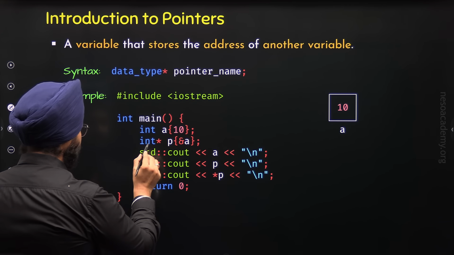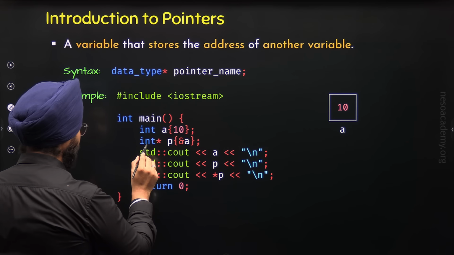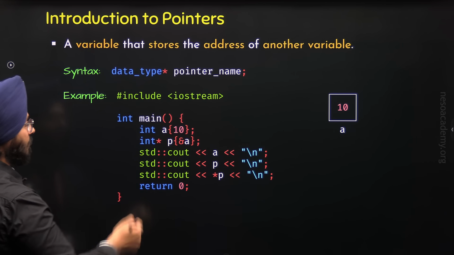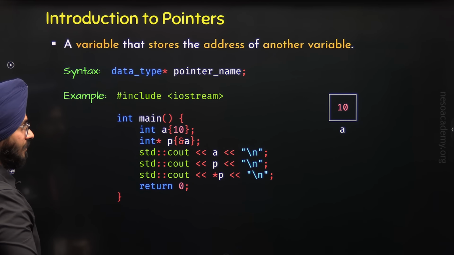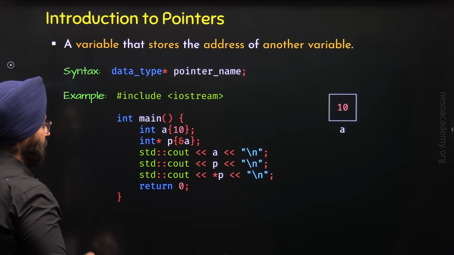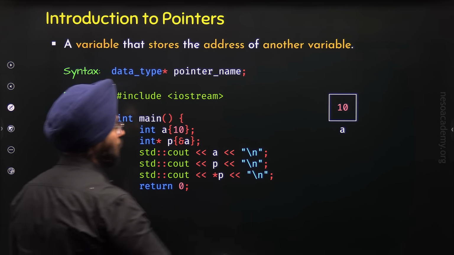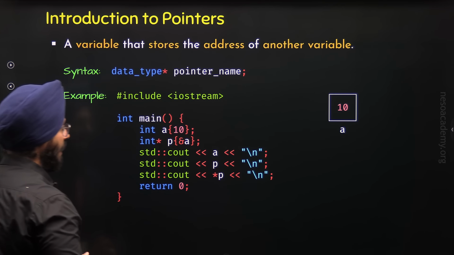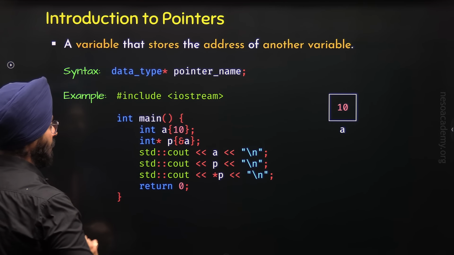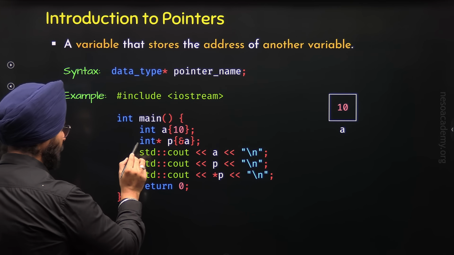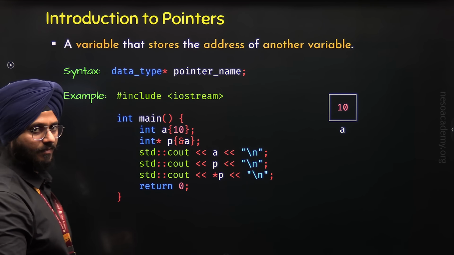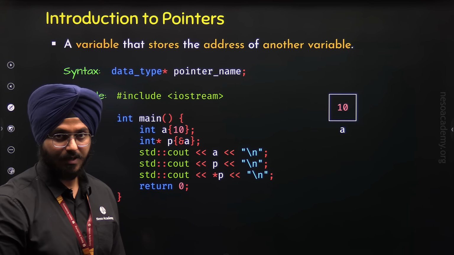Before this asterisk, I have specified the data type which will be pointed by this pointer variable. Here I want this pointer to point to this specific variable, and we know the type of this variable is int. That's why I have specified int over here. I hope this is clear to you.